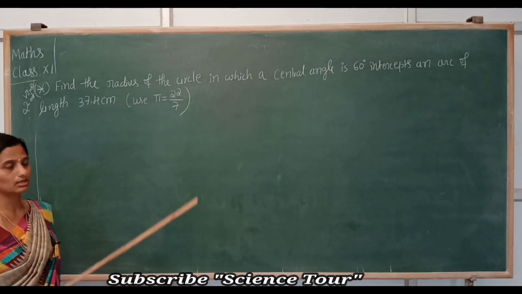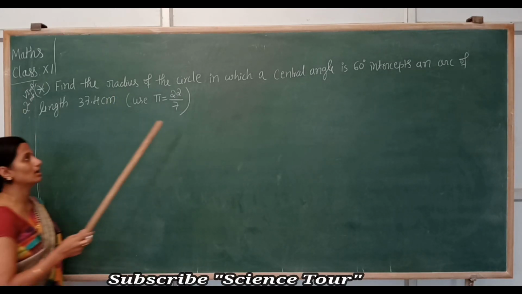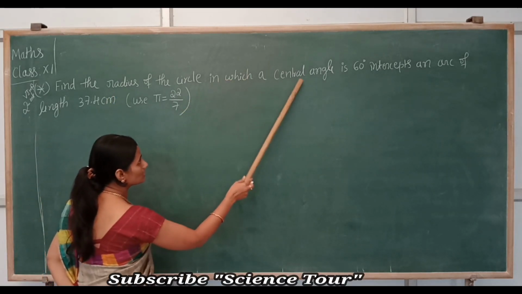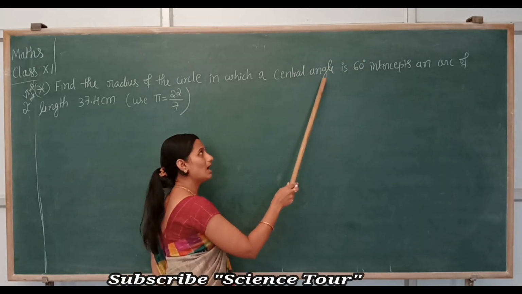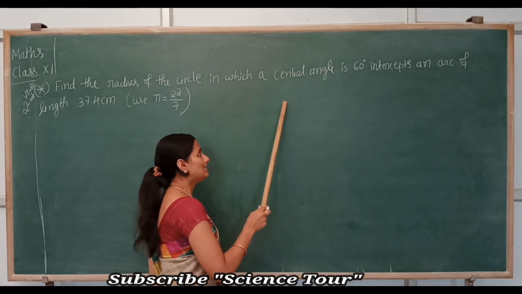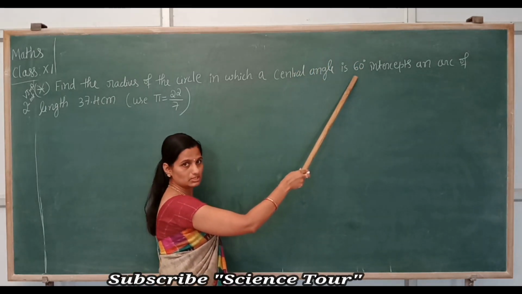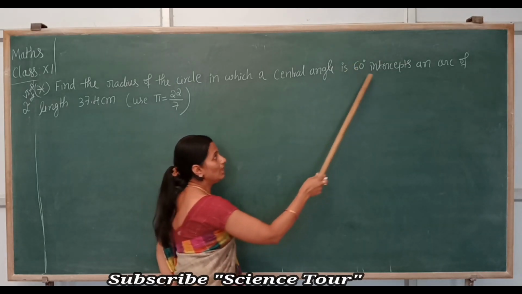What is the notation for radius? Radius is equal to r, in which a central angle is 60 degree. The central angle is 60 degree means theta is equal to 60 degree.